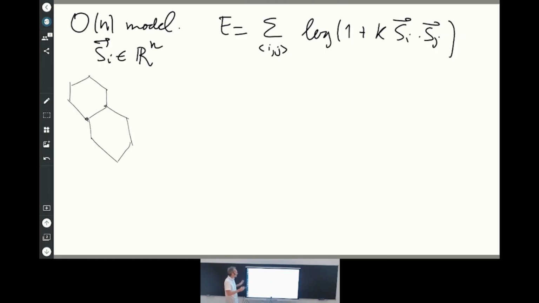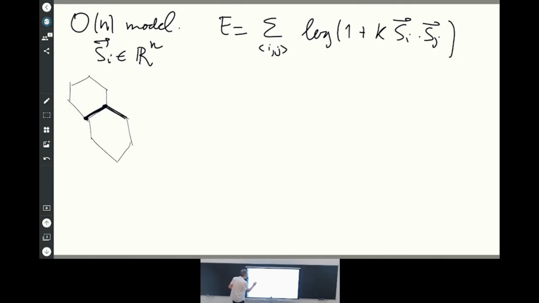And when you do that, you use a kind of Wick theorem to contract the vectors with themselves to do this integral. This amounts to drawing some bonds on this lattice.